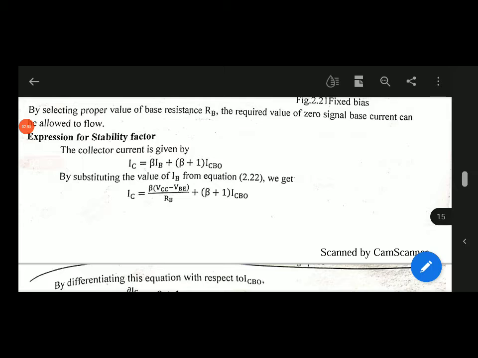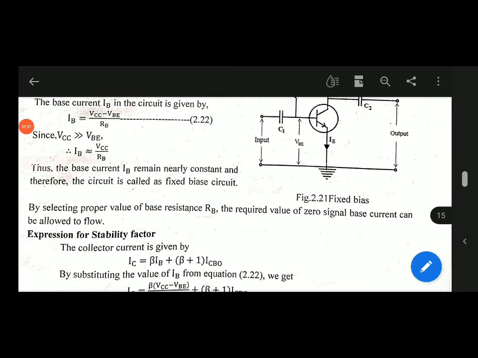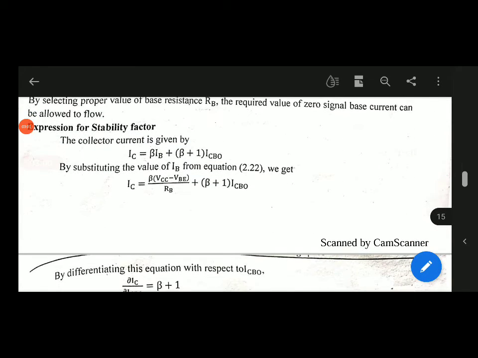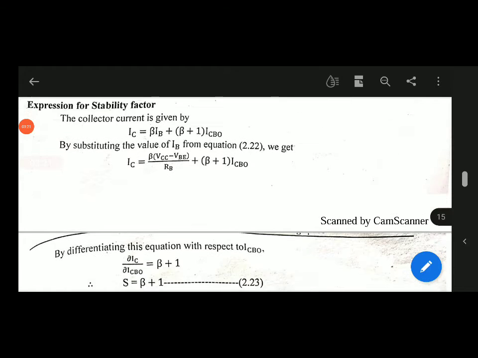By substituting the value of IB from equation 2.22, that is IB = (VCC - VBE) / RB, we get IC = beta (VCC - VBE) / RB + (beta + 1) ICBO.